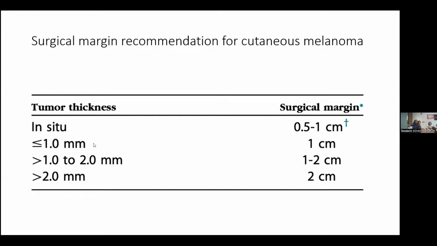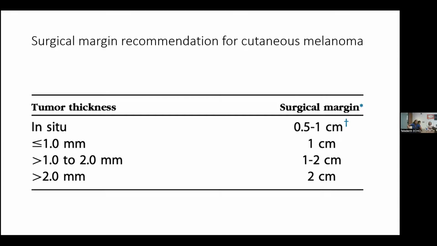If the tumor thickness is between 1 to 2 millimeter, then your surgical margin should be between 1 to 2 centimeter. And if the thickness is above 2 millimeter, your surgical margin should be 2 centimeter. Any thickness above 2 millimeter, it should always be 2 centimeter because it wouldn't have a beneficial effect for the patient taking more margins. Next.